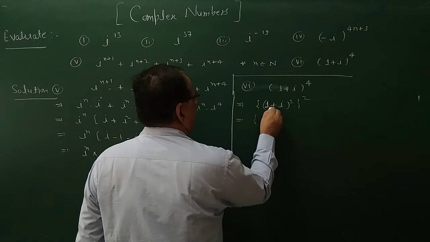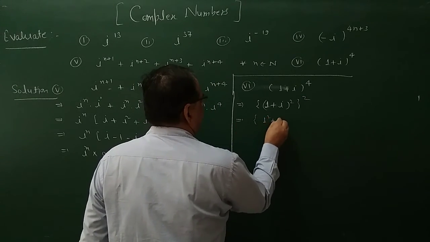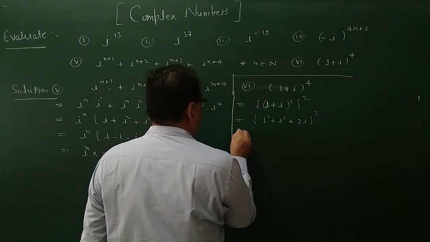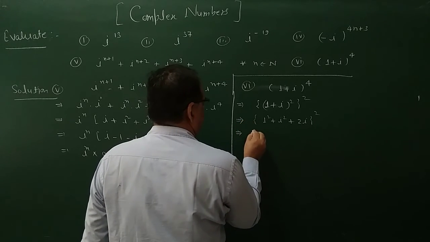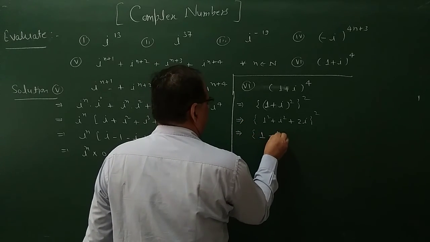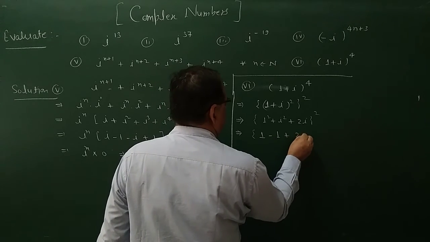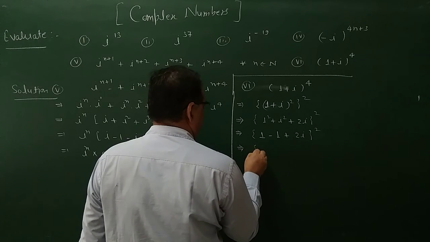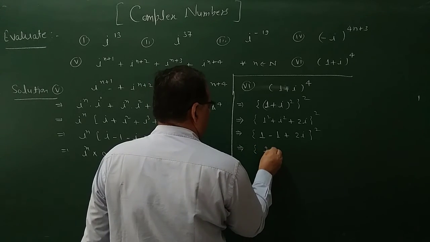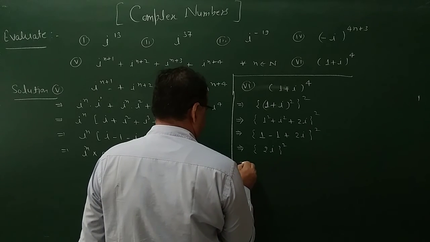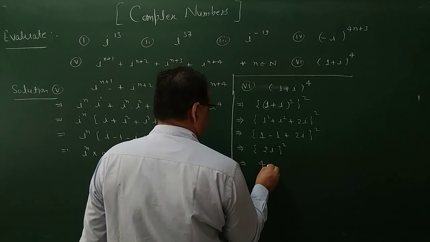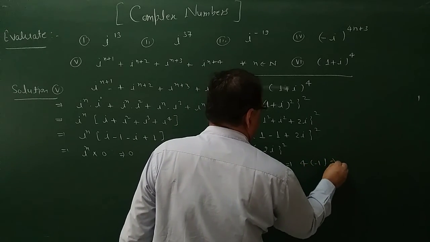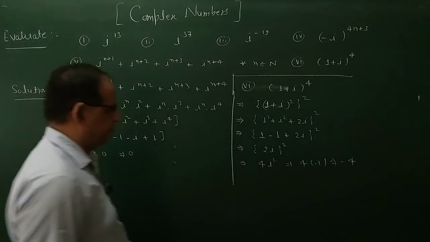And now open the identity of 1 plus iota whole square. So this becomes 1 square plus iota square plus 2 iota, whole square. 1 minus 1 plus 2 iota, whole square. 2 iota whole square is 4 iota square, 4 into minus 1, so finally we have minus 4.